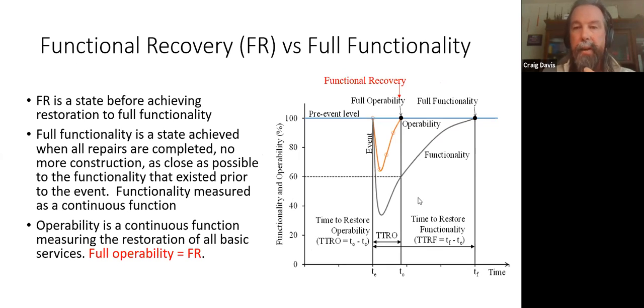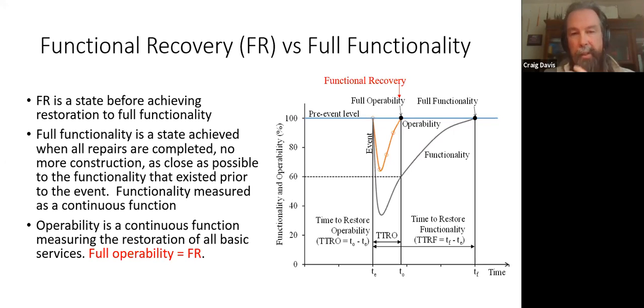Right? So if we go back to this same diagram that I showed earlier, I showed a portion of this to define the basic service categories, but I'm showing here full functionality as a final performance state on the far right at the top. Full operability is a performance state when operability is completed in the middle, and functional recovery is basically the same by its definition as full operability, right?